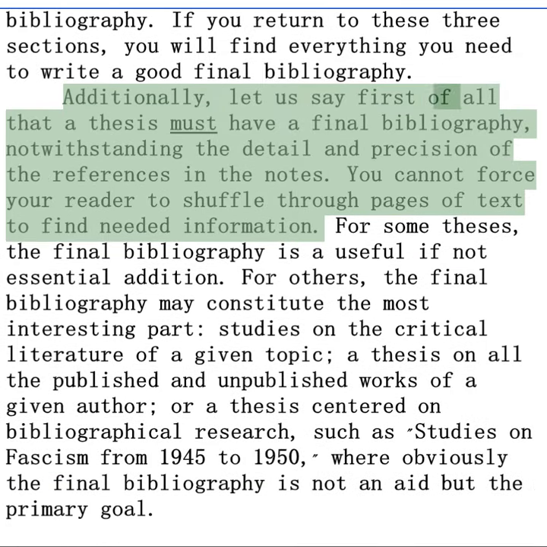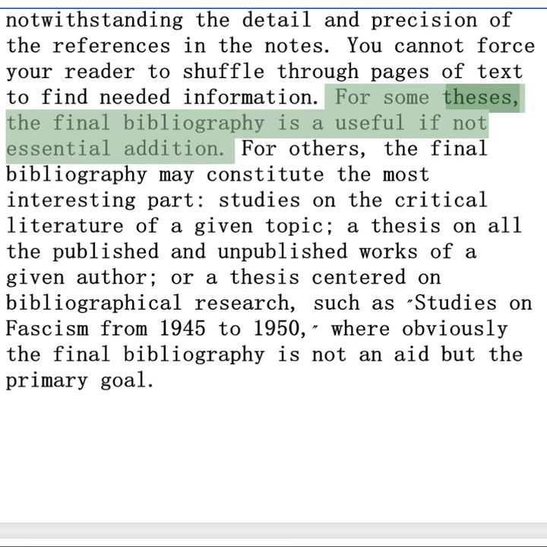Additionally, let us say first of all that a thesis must have a final bibliography, notwithstanding the detail and precision of the references in the notes. You cannot force your reader to shuffle through pages of text to find needed information. For some theses, the final bibliography is a useful if not essential addition.